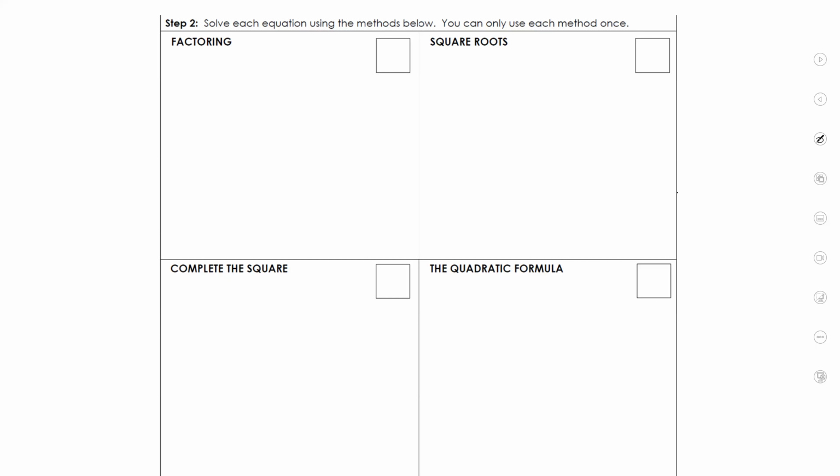So we should put equation C up here, and we'll solve it using that method. For square roots, equation B was the best one to do for square roots. For completing the square, equation D was the best one.